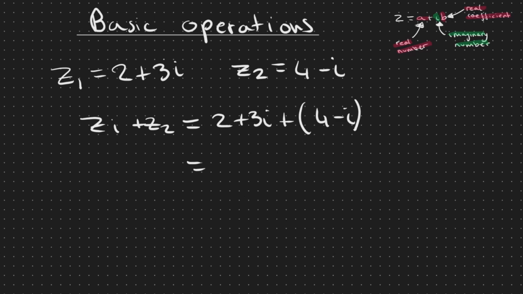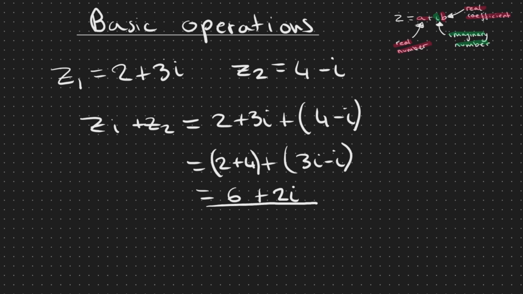And as you can see here, we just have to do 2 plus 4. Just add the real parts together and add the imaginary parts together. Plus, here we have 3i, and here we have minus i. And this would be equal to 6 plus 2i. And there you go. The addition of both of these complex numbers is equal to 6 plus 2i.